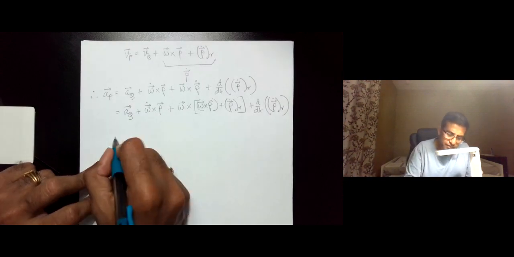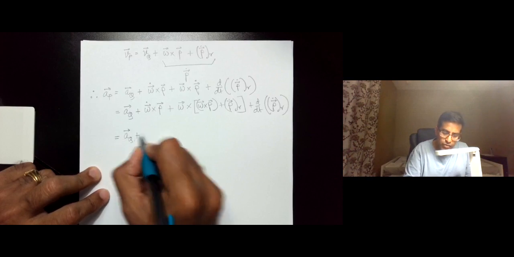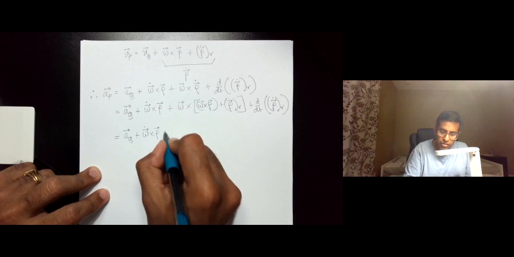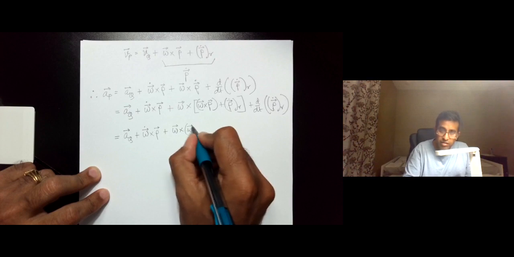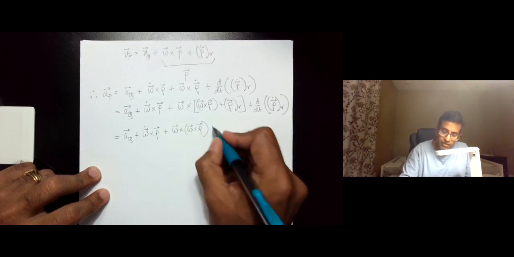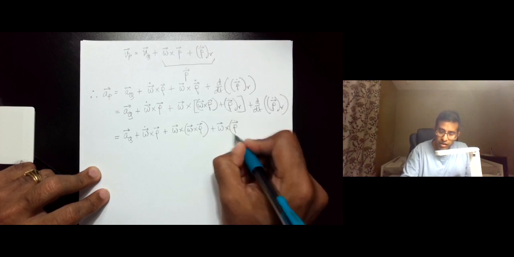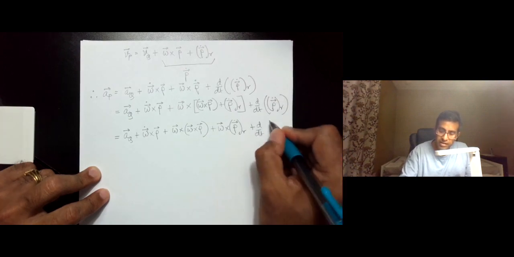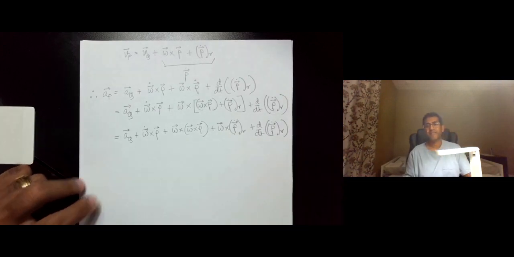Okay, now going one step further, it's AQ plus omega dot cross rho plus omega cross rho plus omega cross rho dot r plus d dt of rho dot r.